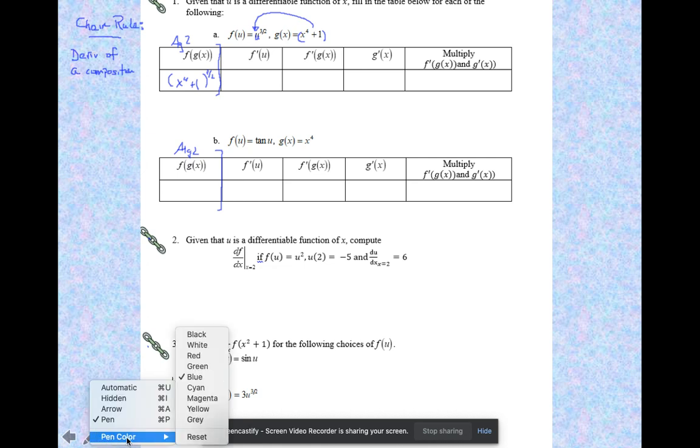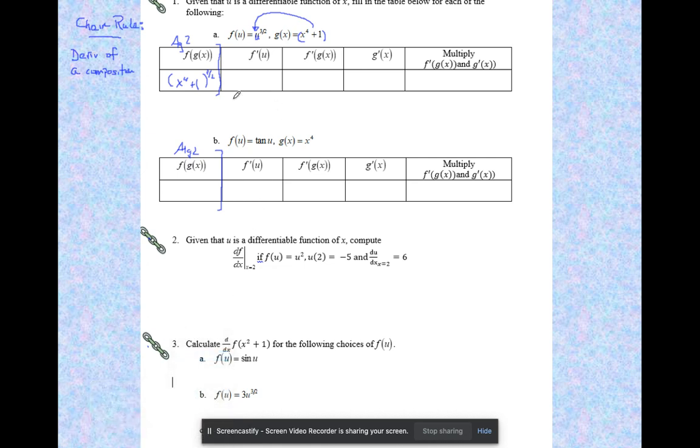Now in the next box, I want you to take the derivative of the function f with respect to the variable u in it. Okay, see, u is the variable. You're going to use your power rule, bring 3/2 down, copy over the independent variable, subtract 1 from the exponent.